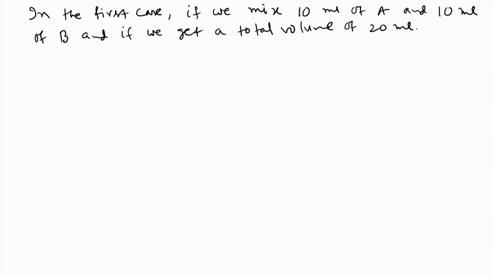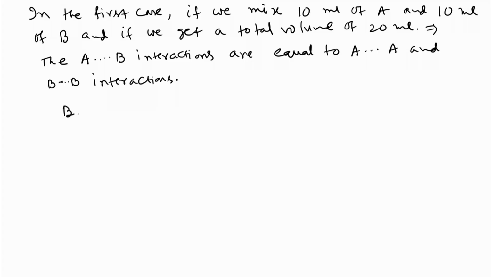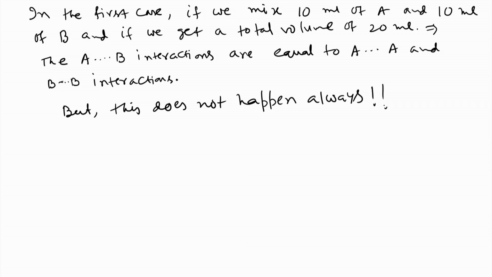And in that case, the AB interaction between A and B is equal to the AA and BB interactions. But unfortunately, that does not happen always. So, you get either volume contraction or volume dilation.